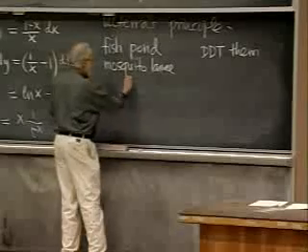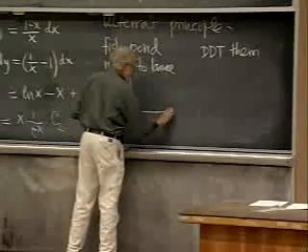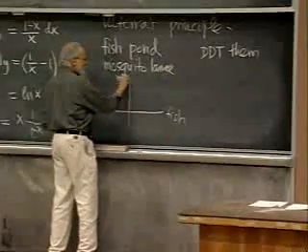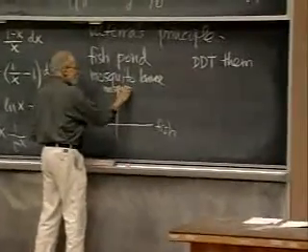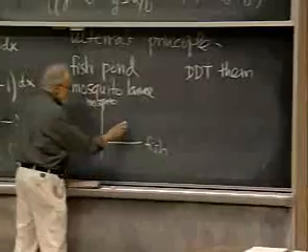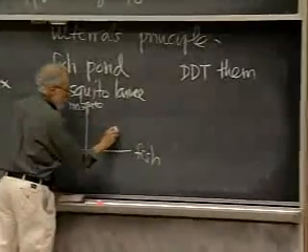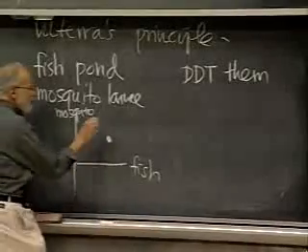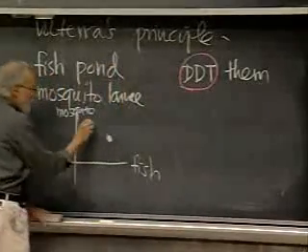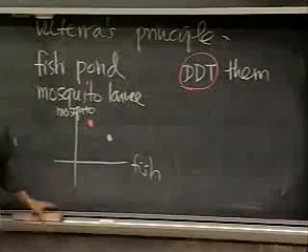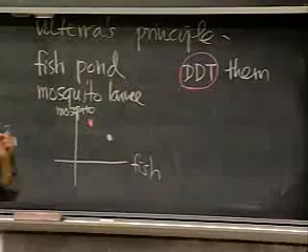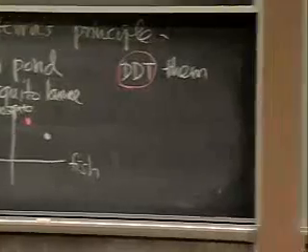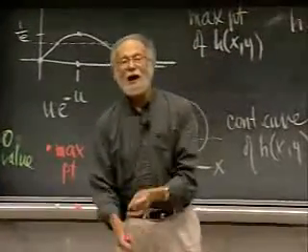The fish are the predators because they eat the mosquito larvae, big food. If there was a certain equilibrium, according to Volterra's principle, with DDT, that equilibrium moves to here. In other words, the effect of indiscriminately spraying the pond with DDT is to increase the number of mosquitoes and kill fish.